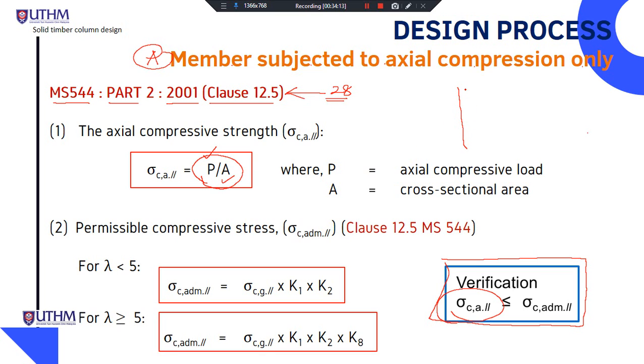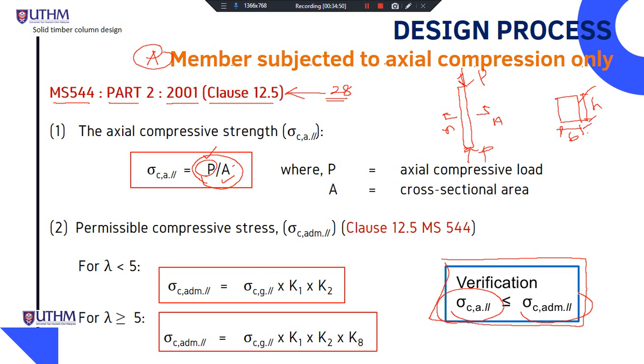So this is the column, and this column is subjected to P load, and this P load is the axial compressive load. Meanwhile, A is the cross-sectional area of the column, with B, H or D.